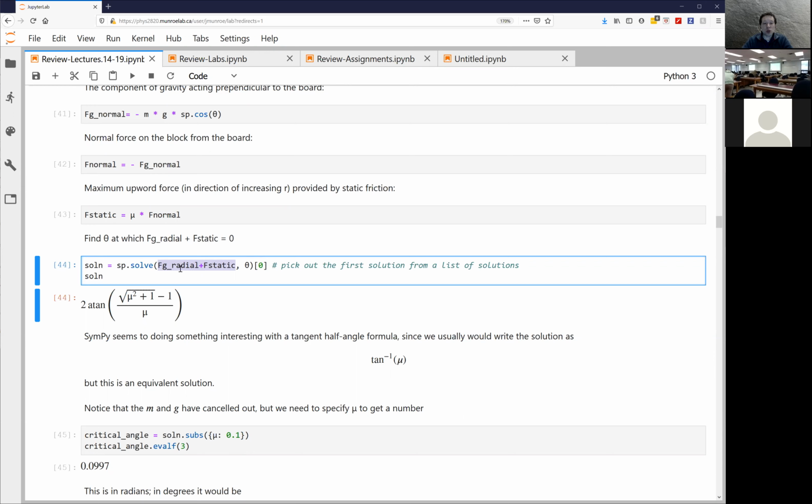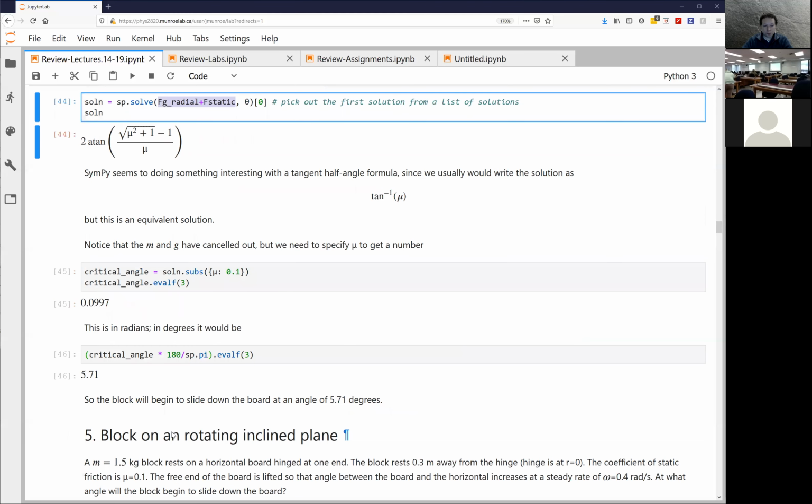So that's the condition we're solving for. This is a way of coming up with that critical angle. That's a generic symbolic formula. Then you can substitute in specific values of, say, the coefficient of static friction to get an actual number. So this is one of the ways of using it.